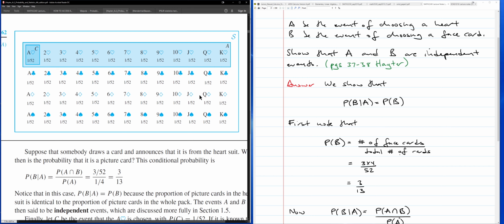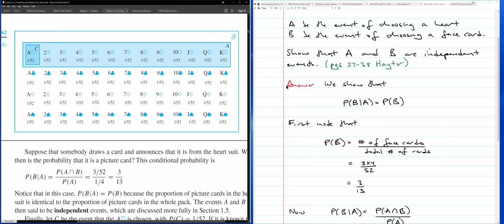Okay, now if you restrict yourself to just hearts, you're considering a conditional probability here. It means now you assume that you already chose a heart and you want to see the probability of getting a face card. So that would be 3 out of the 13 here. Now the point that I want to make is that if you impose the condition A over here, the proportion of face cards for the number of cards that you're choosing from actually remains the same.